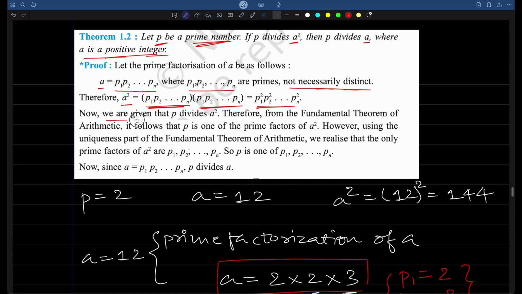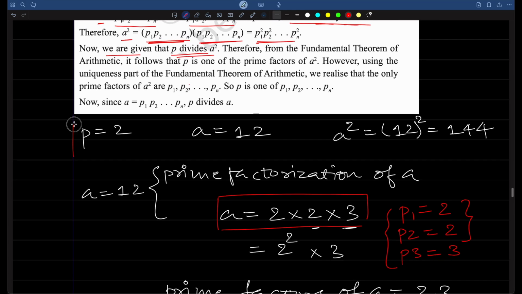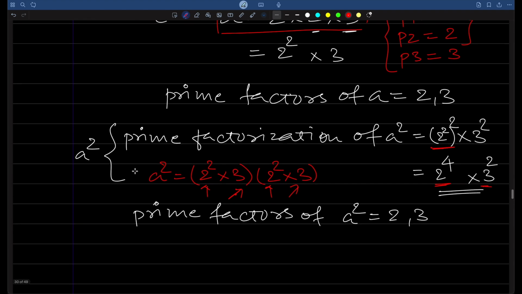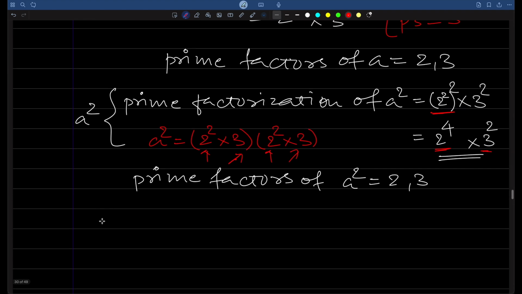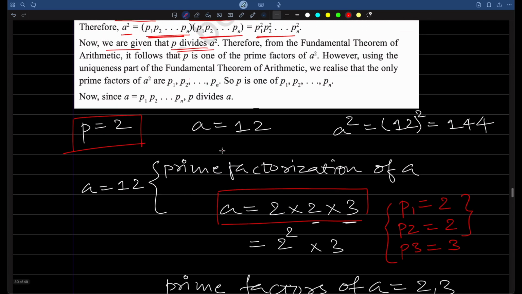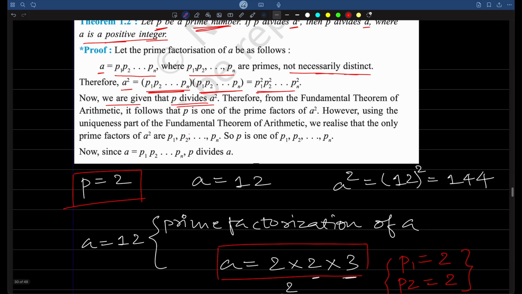Now we are given that p divides a square, that is p equals 2, which divides a square is given, that is 2 divides 12 square is given. P divides a square is given.